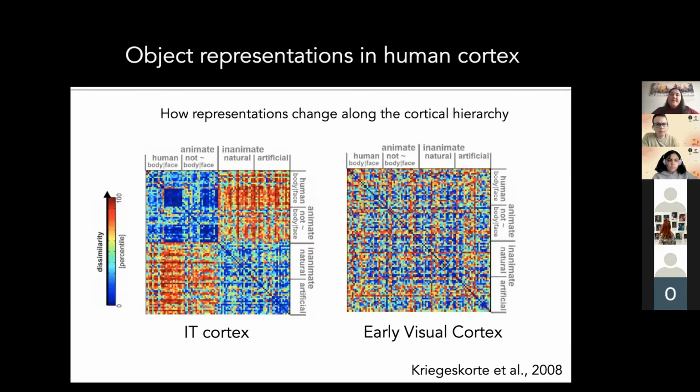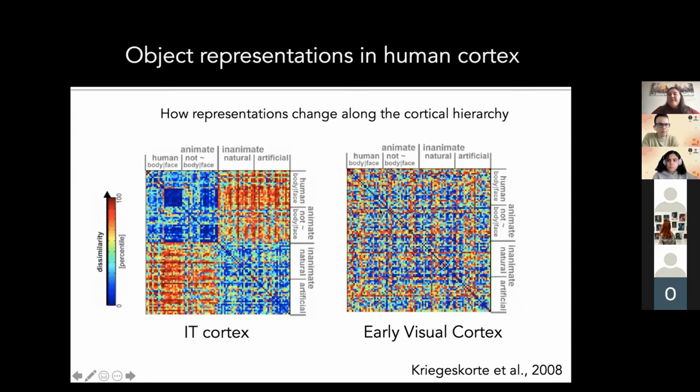The second thing you can do with representational similarity analysis is that you can examine how representations change along the cortical hierarchy, meaning that you can look at, for example, how the dissimilarity matrix looks in IT cortex, and you can compare it to another region, for example, early visual cortex.